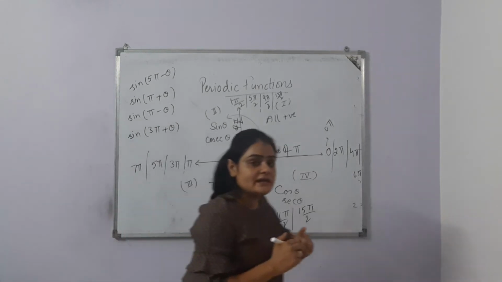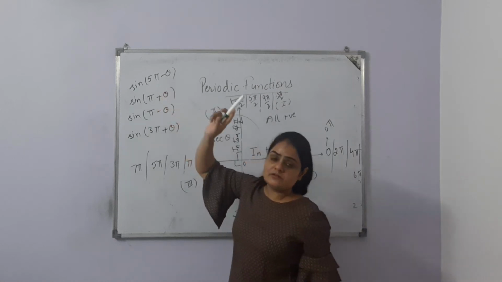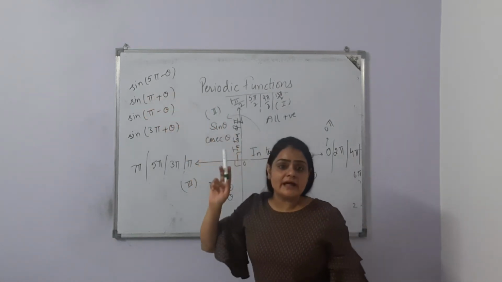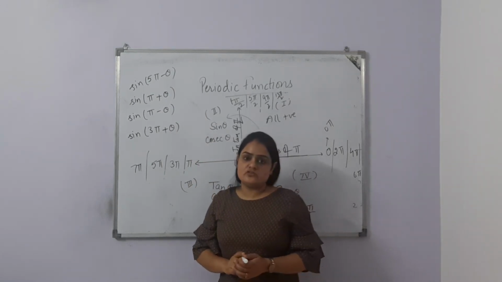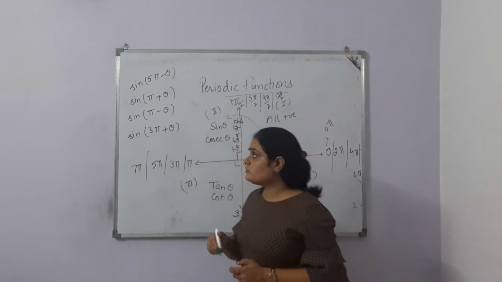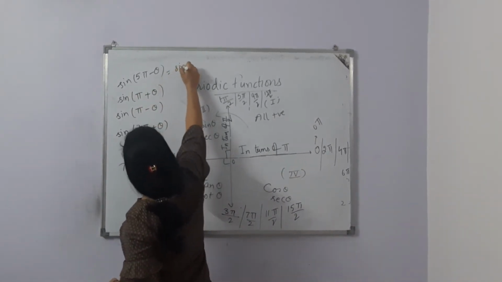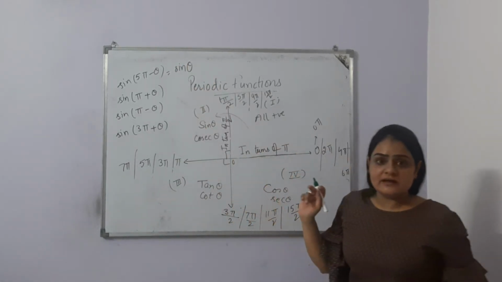Whenever the trigonometric ratio's angle is having pi, in that case there is no change in trigonometric ratio. There is no change in trigonometric ratio means for 5 pi minus, sine will remain sine, we are getting the answer sine theta.